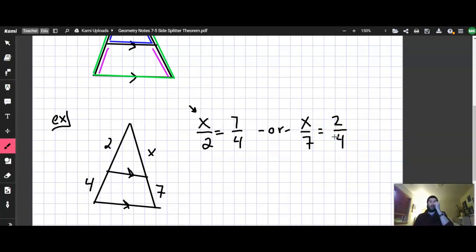Ladies and gentlemen, you just have to double check your fractions to make sure that it matches the top of the fraction and within the same fraction. x and 7 are on the same side, they're both on top. x and 2 are both on the top part of the triangle, so they go within the same fraction. Here, x and 7 are part of the same side, so they match that way. x and 2 are part of the top of the triangle, so they match that way.